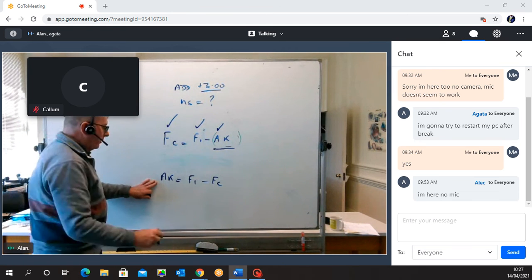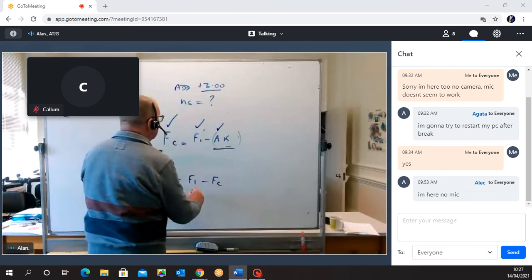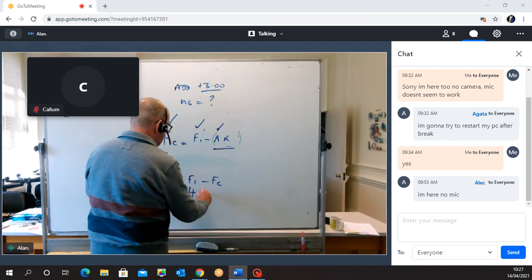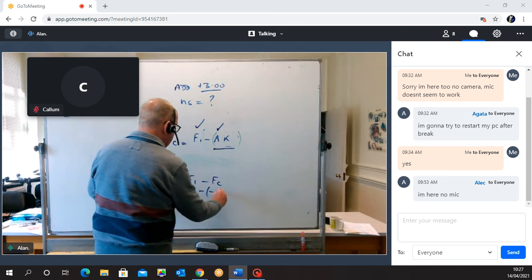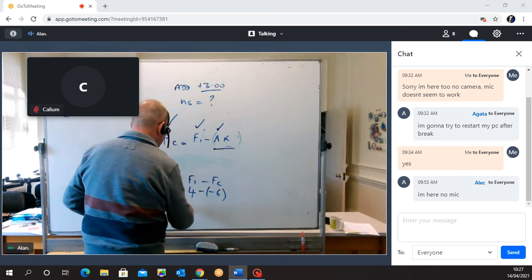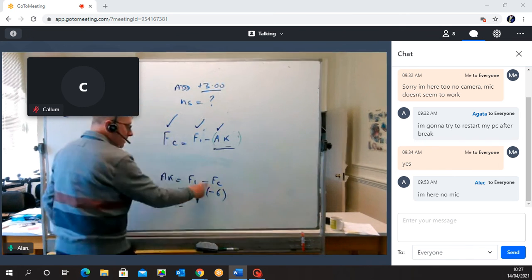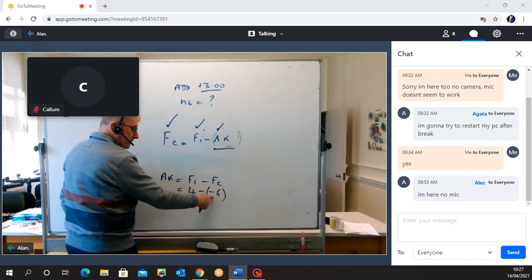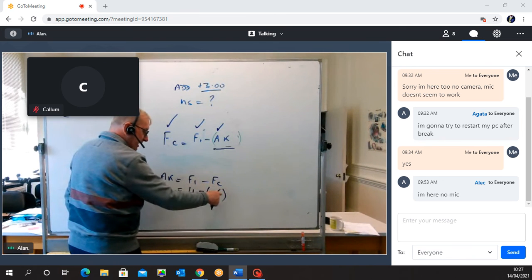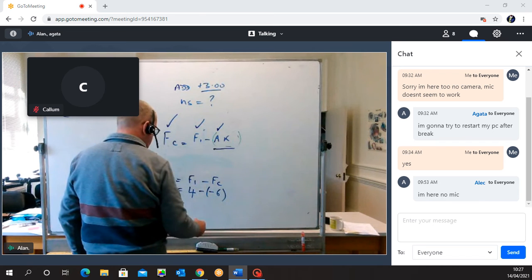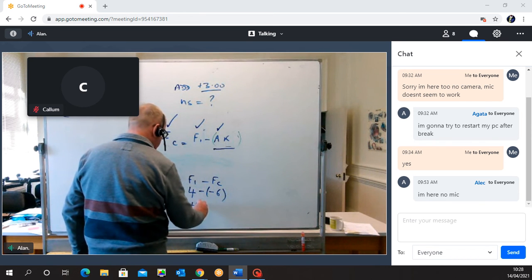Right? So AK then is equal to F1, which was 4, minus FC, which is minus 6, wasn't it? Minus FC, and FC is negative. So it's 4 plus 6, which is plus 2.